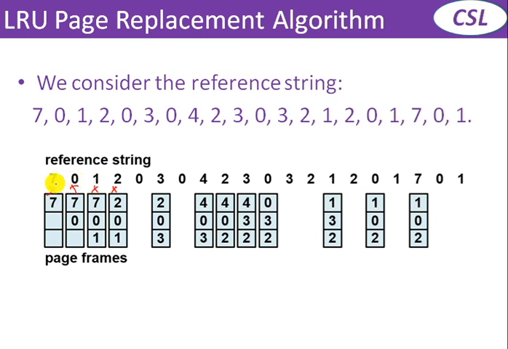Among these 3, 7 is the least recently used frame. So we simply remove 7 and replace it with 2. That is the main concept. Whenever a page fault occurs, we have to look backward in time at the pages in memory, identify which page frame is least recently used, and replace it with the newly requested page.